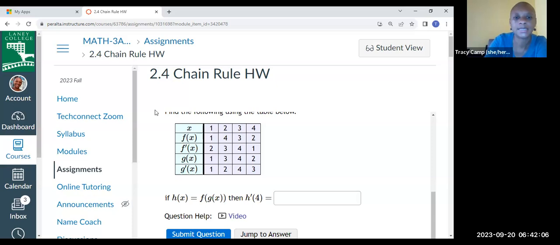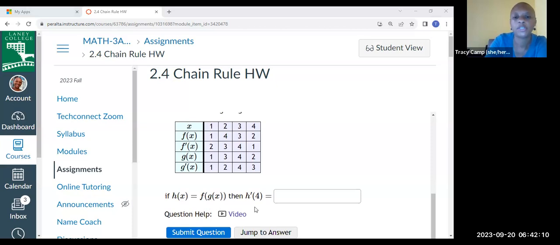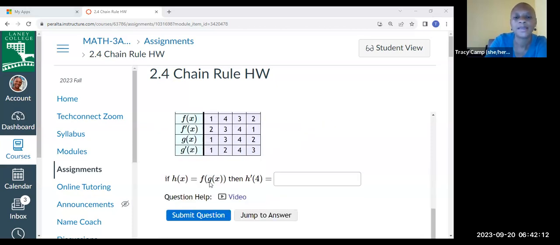So for this one, it says h of x is equal to f of g of x. This is number 1, and it asks us to find h prime of 4. What you want to do here is use the chain rule, because this is set up exactly the way the chain rule is set up: f of g of x.